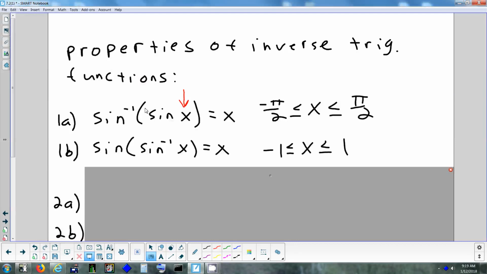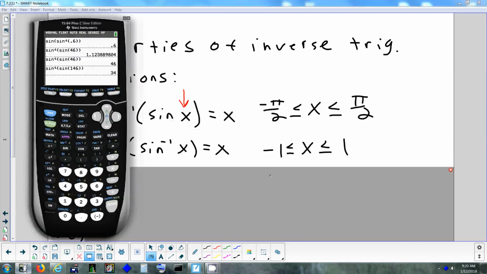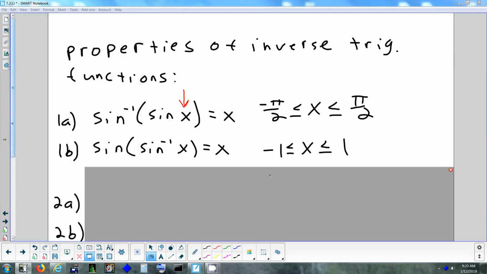So inverse sine and regular sine will cancel out for any angle between negative 90 and 90. If you go beyond that, no, it doesn't work. And I showed you an example. I tried 146. That's more than 90, and I got back a different answer than I started with.